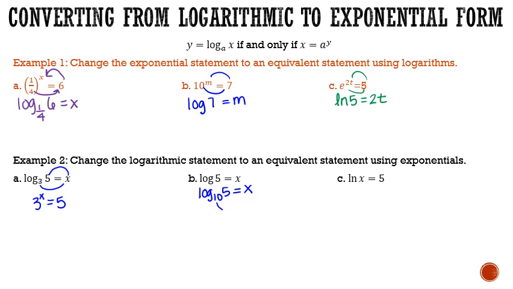So 10 to the x equals 5. Again, when it's not written there, and now this is the natural log, this is an implied log base e. Now, ln of x is the same thing as log base e. So e to the 5th equals x.